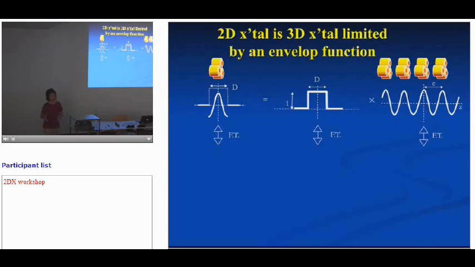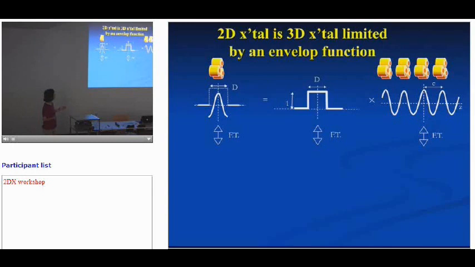To go from a 3D crystal to a 2D crystal, what you are really doing is applying an envelope function to this continuous function that keeps on going in real space.